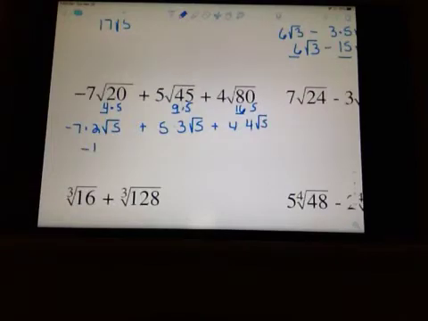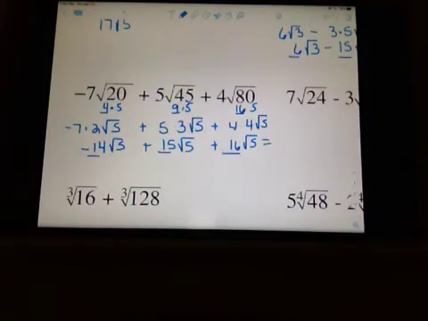So I have negative 14 plus 15 plus 16, square root 5. So now I'm just going to collect the coefficients. Negative 14, sorry, positive 15 is 1, and 16 is 17, square root 5.